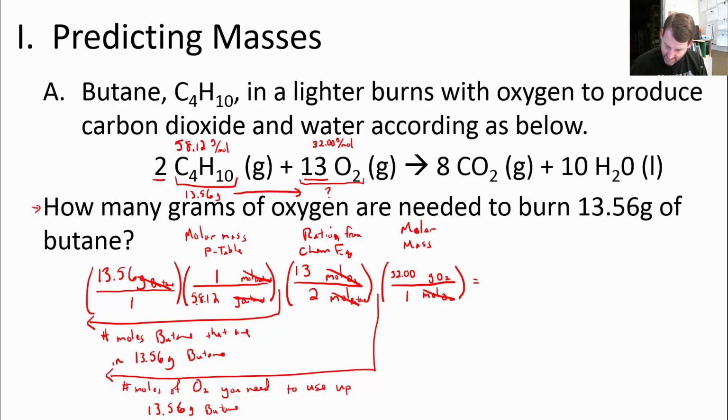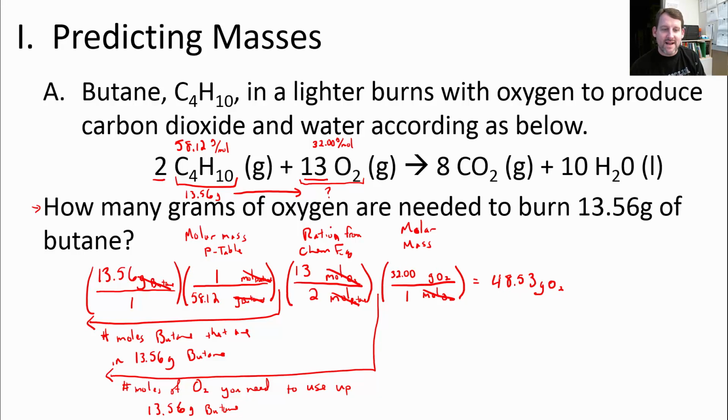So it's going to be divided by 58.12. This next number, the 13, is on top, so we hit times 13. This one's on the bottom, so we hit divided by 2. This one's on top, so we hit times 32. And we end up with an answer of 48.53 grams, and it's O2, grams of O2.